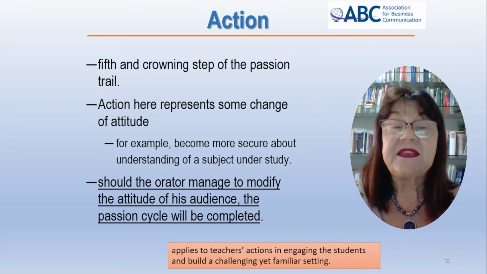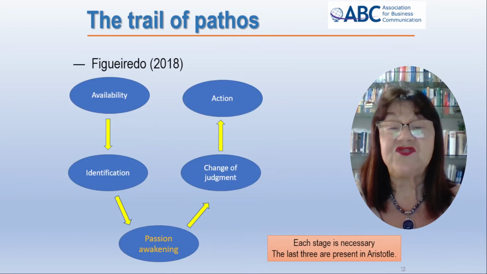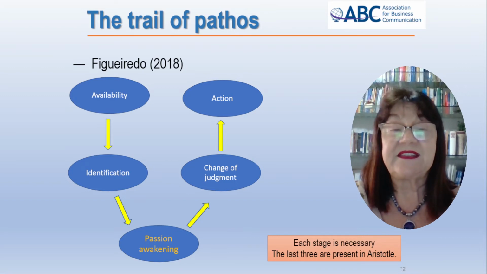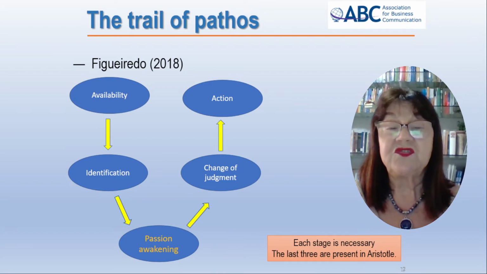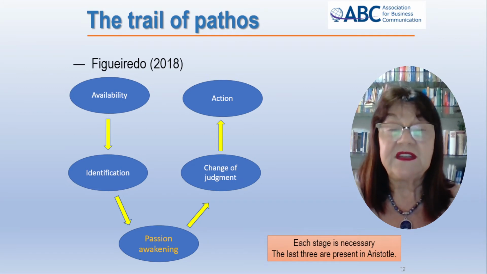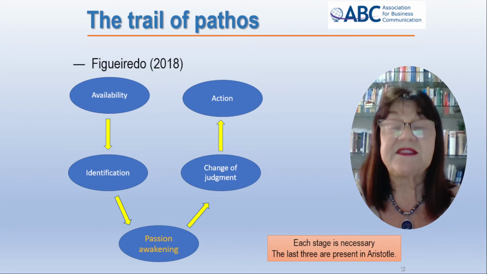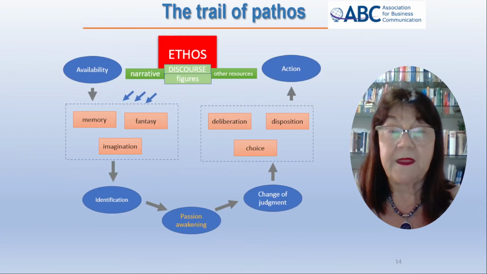Here is a scheme that shows the trail of petals. Each stage is necessary, even though students or the teacher fail to perceive accurately what's going on. Aristotle, in one way or another, shows the last three steps, but the first two are necessary for the other three to bloom.